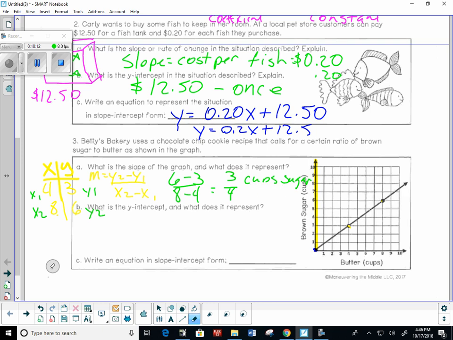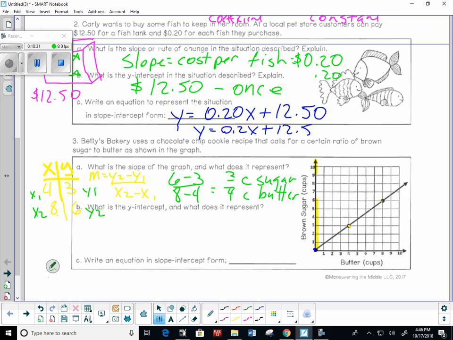I should have put it there. Okay, one more time. So 3 cups of sugar to 4 cups of butter. That sounds very rich. Okay, so what is the y-intercept?